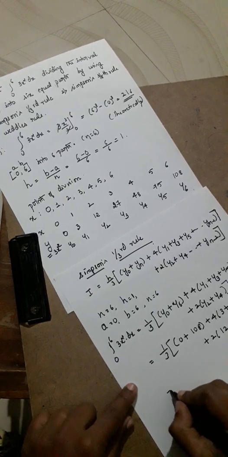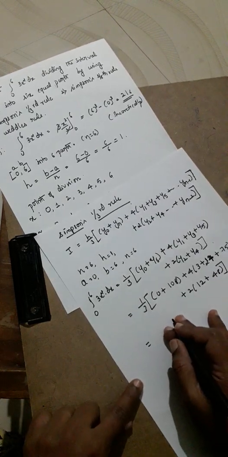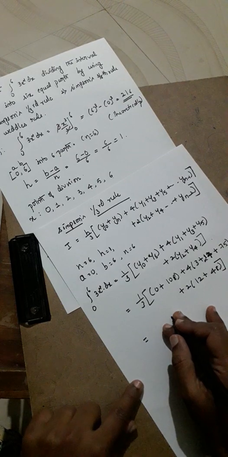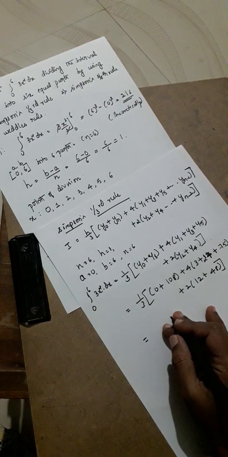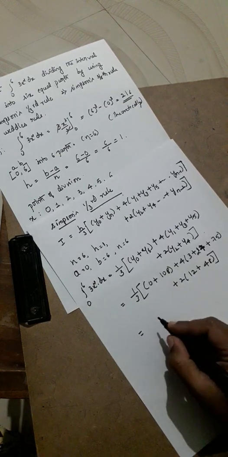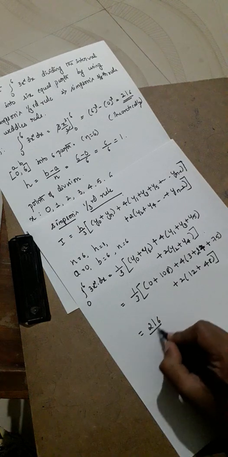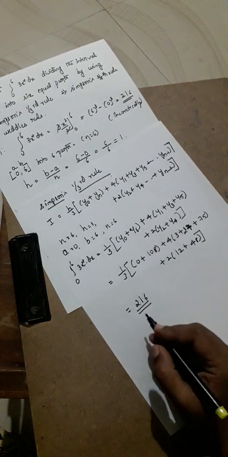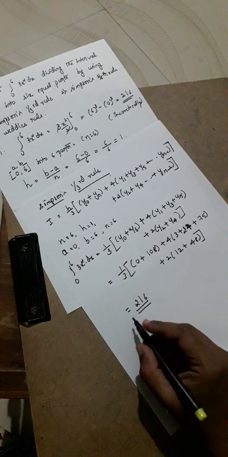So we simplify this value and we get 16. This is for Simpson's 1/3 rule.